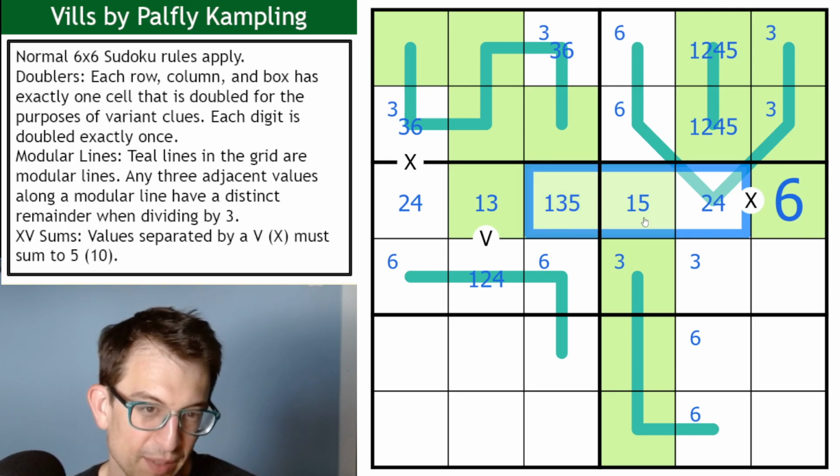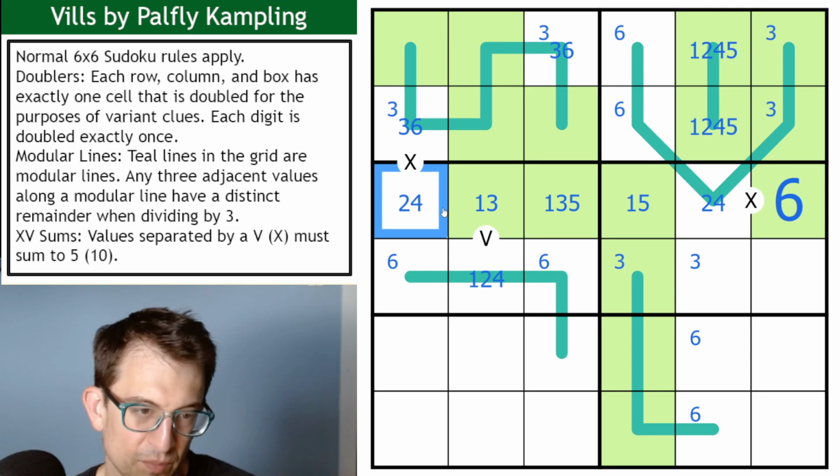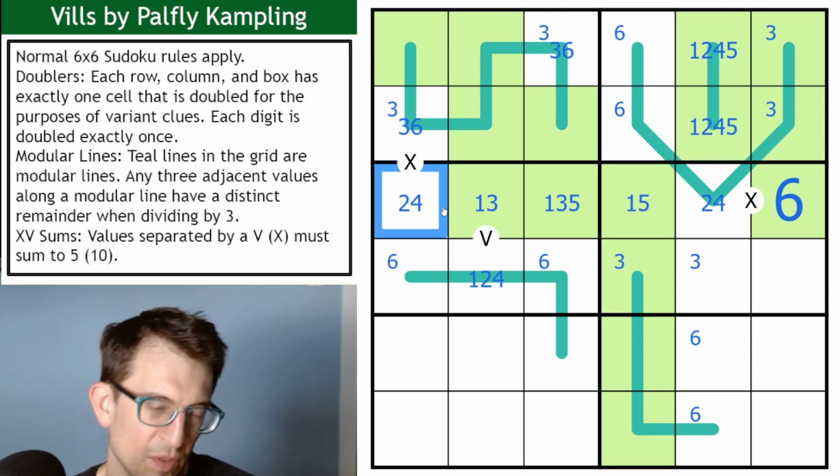I had it exactly backwards. 1, 2 would be great because I get 3, 5 immediately. 3, 5, 4. Hold on, how's this going to work?